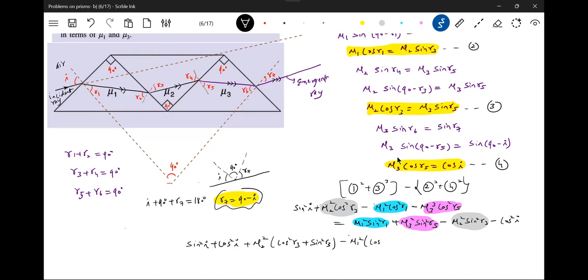Mu1 square common, cos square R1 plus sin square R1. Mu3 square common, cos square R5 plus sin square R5, all set equal to 0. So this will be 1, this will be 1, this will be 1, this will be 1.